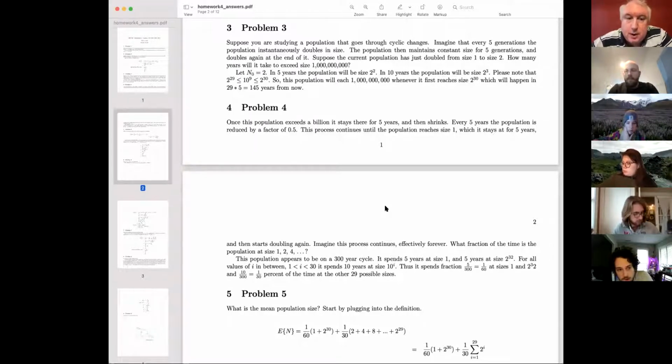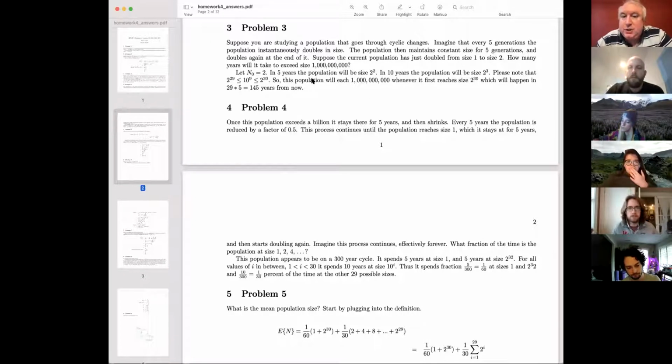So its current size is 2. The population will be there for 5 years, and then it'll be size 2 squared. In 10 years, it'll be size 2 to the 3rd. And just so you know, a billion is a number between 2 to the 29th and 2 to the 30th.